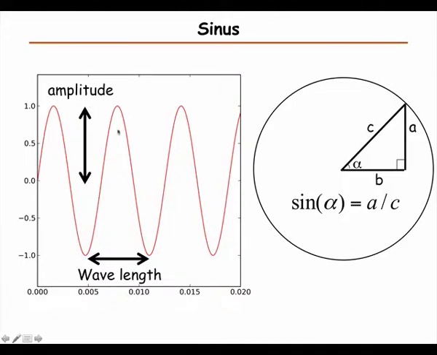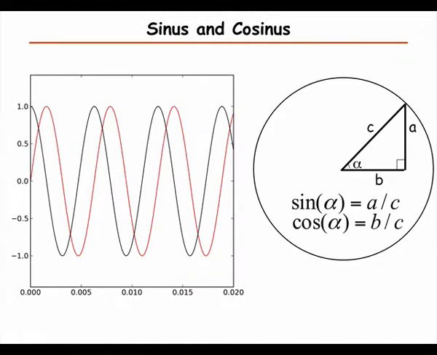There are a few definitions we need to make. One is the amplitude, which is the deviation from 0. The other one is the wavelength, which is the distance between two minima, or the same as two maxima. Then we have the cosine.